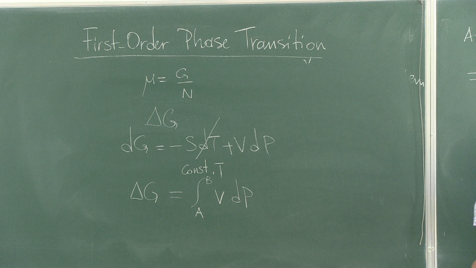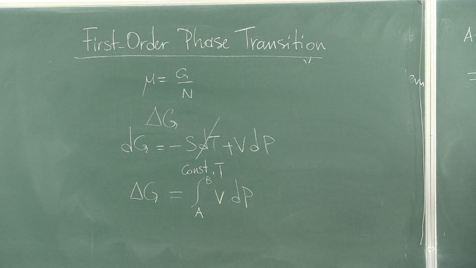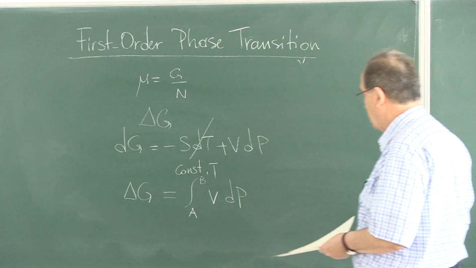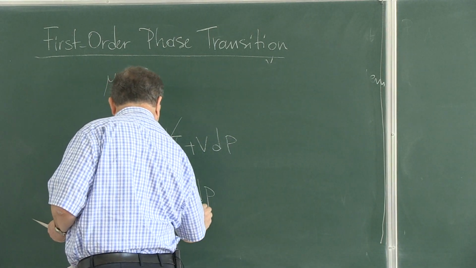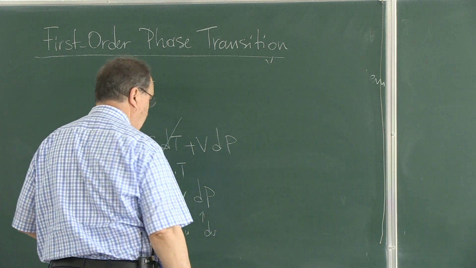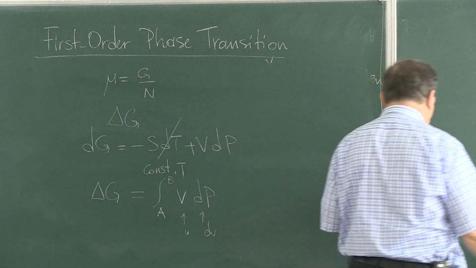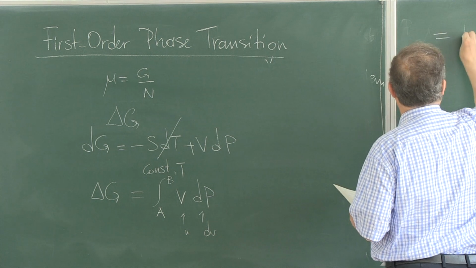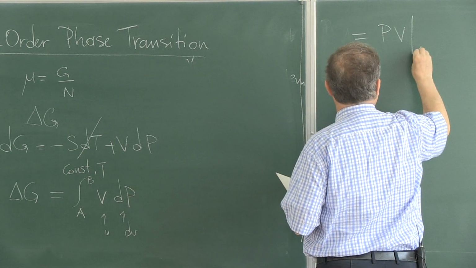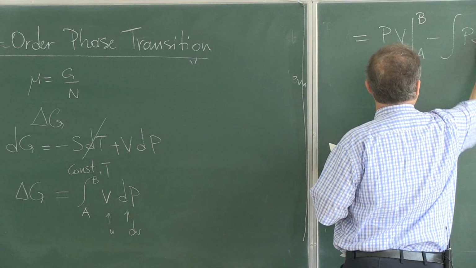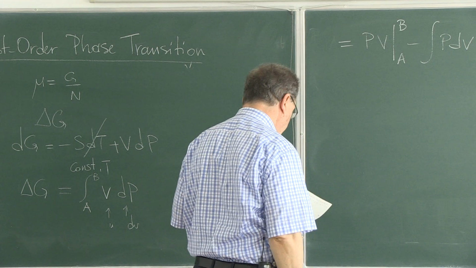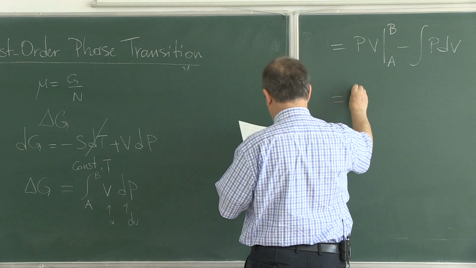That means the following. Integrate by parts. U and dP, you have the following. P times V from A to B minus the integral of P dV, isn't it? Well, that is simple.